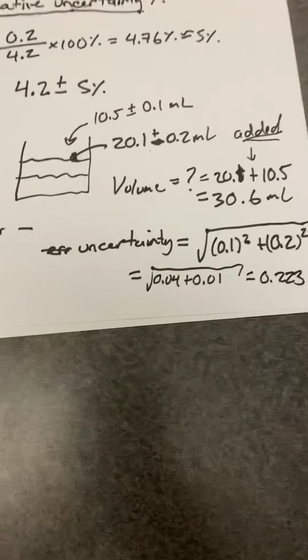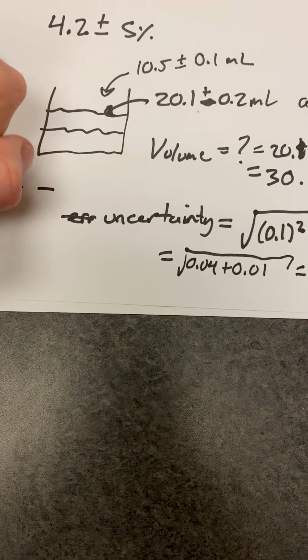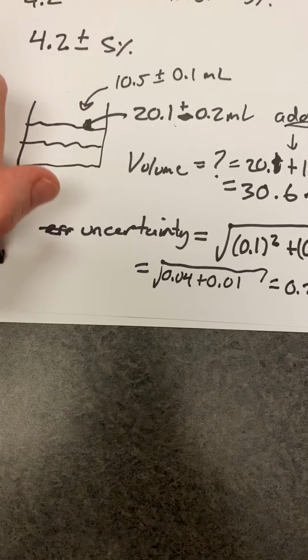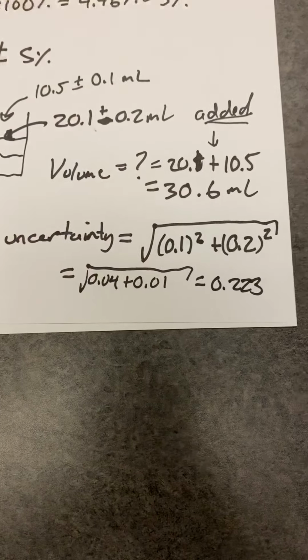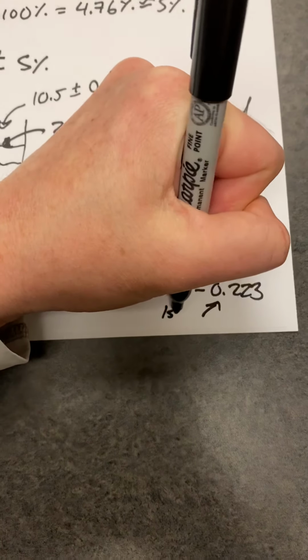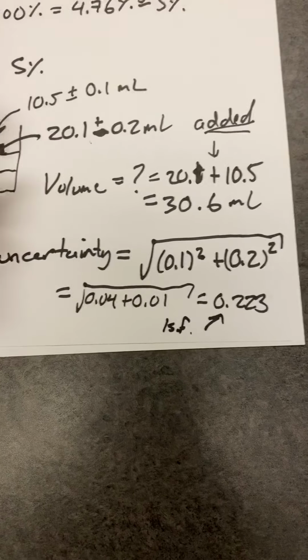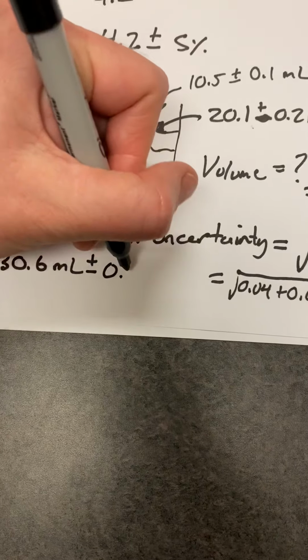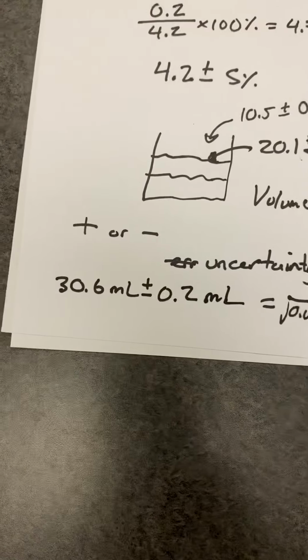So when we go back to answer our final question, we knew that it was 30.6 milliliters plus or minus 0.223, but here's the thing, you want it to be just 1 sig fig. If I round that error to 1 sig fig, I get plus or minus 0.2 milliliters.